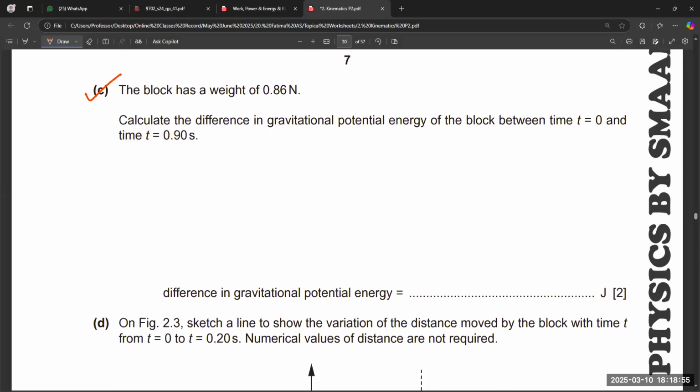And the C part: the block has a weight of 0.86 newton. Find the change in gravitational potential energy at time 0 and 0.9 seconds. Gravitational potential energy is equal to mgh. mg is equal to W, multiplied by h.